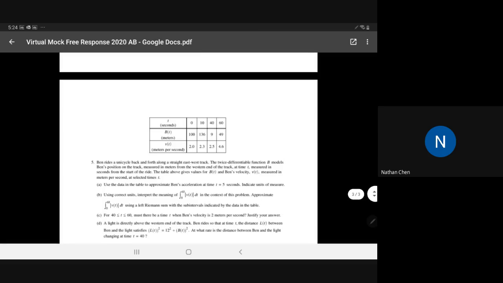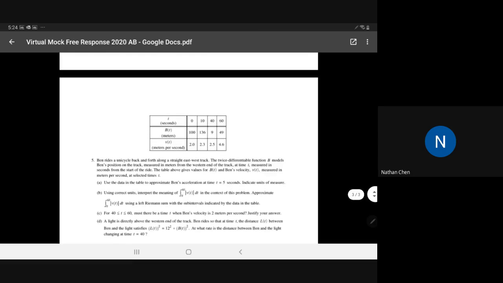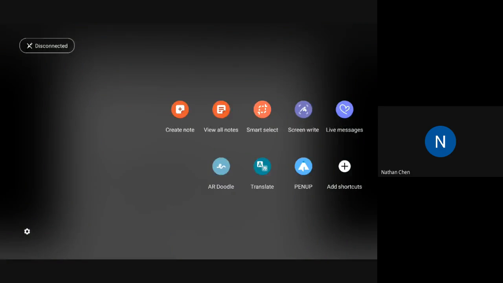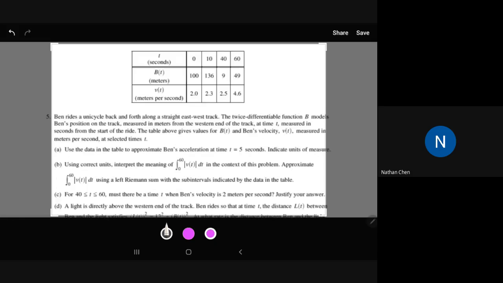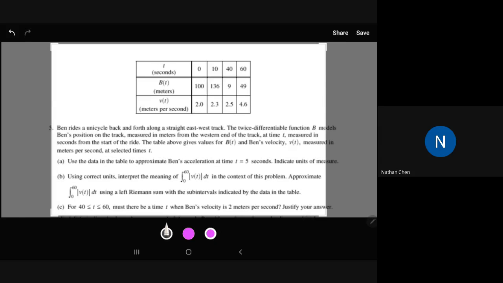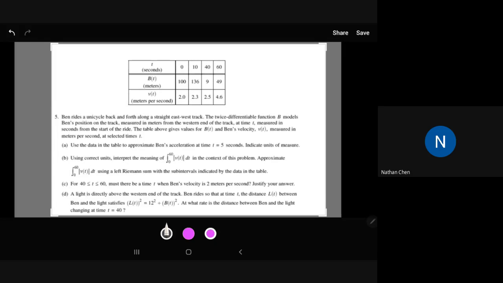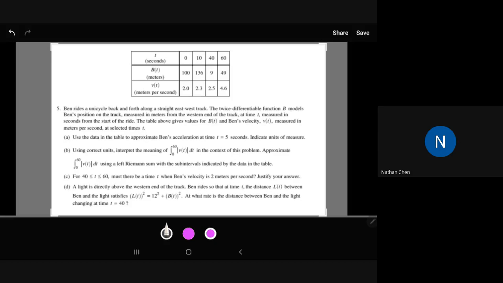Okay, so we're trying to do part C. I hope you can see that. I can zoom in. So here's the table. Take a picture of it so that you can look at it separately if you want, because I'm going to have to zoom out to write on it.